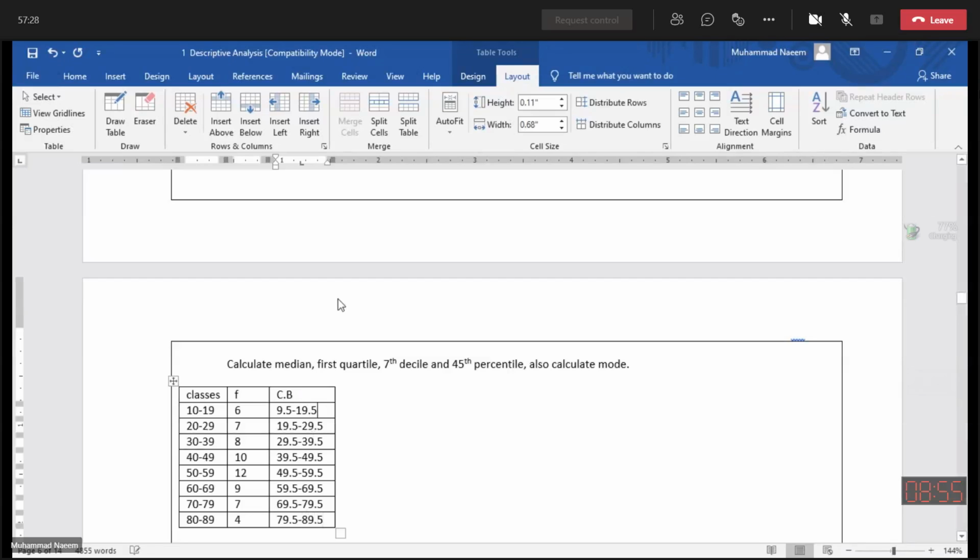and also calculate cumulative frequency. First, as it is, 6, add 7.